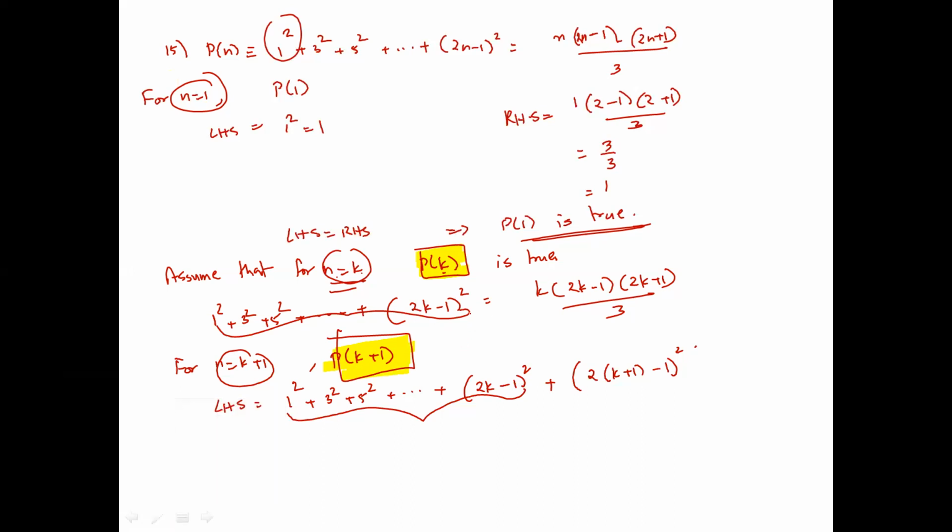So I will use P of k and write as k into (2k minus 1) into (2k plus 1) by 3. And after that I have (2k plus 2 minus 1), that is 1, whole square. So P of k plus 1 I am proving. Directly I am not thinking anything.